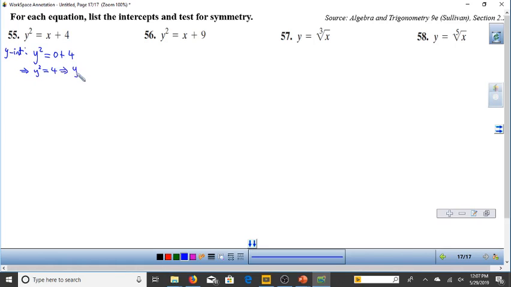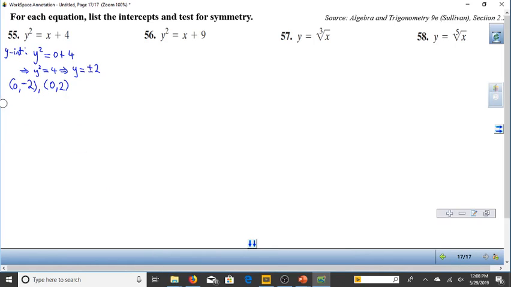And so in this case, y is equal to positive or negative 2. So my y-intercepts would be the points 0, negative 2 and 0, positive 2. There are two y-intercepts on this graph. So of course we know this graph is not a function, because a function cannot have two different y-coordinates that correspond to the same x-coordinate.